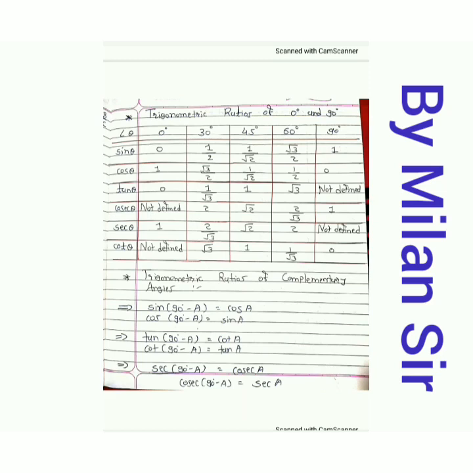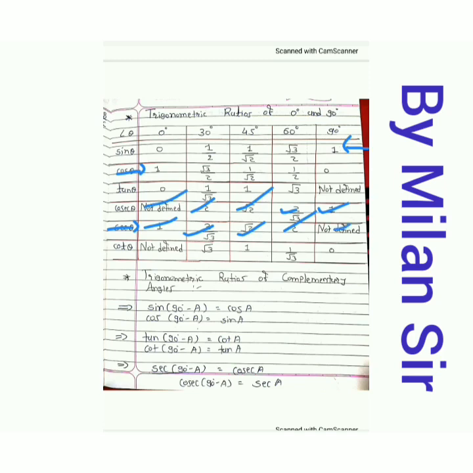Now if we take the inverse of the values of cosec theta, then we can get sec theta. Same thing. So at last here 1 is there, so starting with 1, here 2 upon under root 3, under root 2, 2, not defined.